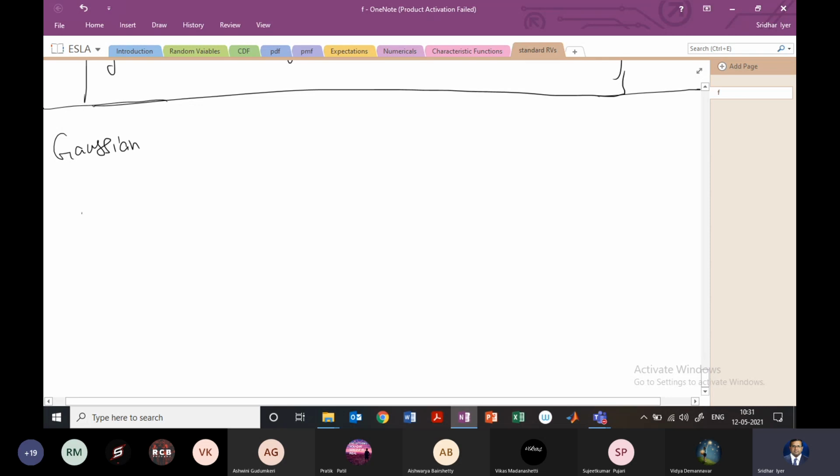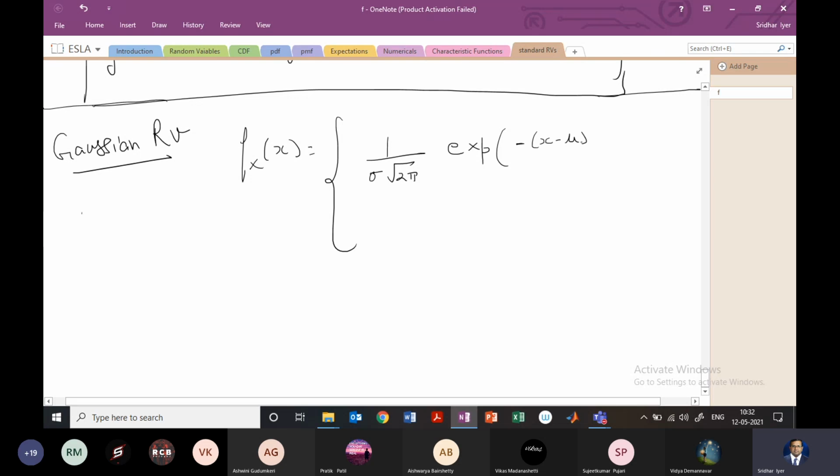This is known as the Gaussian random variable or Gaussian distribution, and it is given as f x of x is 1 by sigma root 2 pi, where sigma is the standard deviation, exponent of minus x minus mu the whole square divided by 2 sigma square.